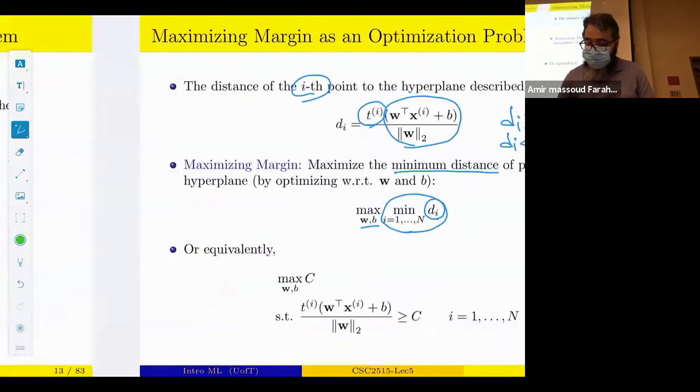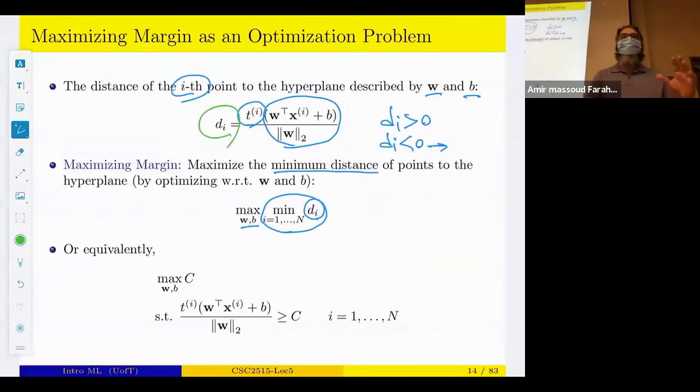Basically, this whole d encodes two pieces of information. It's the distance to the hyperplane, but also whether we are classifying that point correctly or not. Yes? Is t_i the target or the classification? t_i is the target that we want.